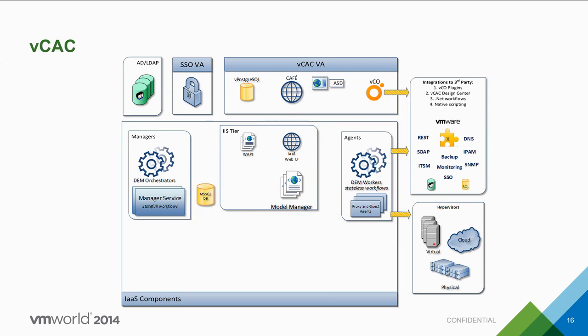I know that this is an advanced session, but I'm going to cover a little bit of the basics, so that in case somebody is not very familiar with vCloud Automation Center, you understand how it's partitioned. I'm going to go through the components, and then we'll go into the specific extensibility points. On the top, you have the vCloud Automation Center virtual appliance.